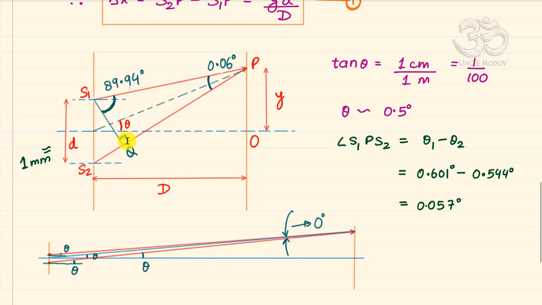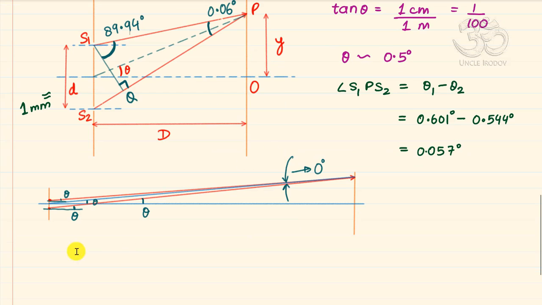So what I approximately say is that this triangle S1PQ is isosceles, and that claim is very much justified.